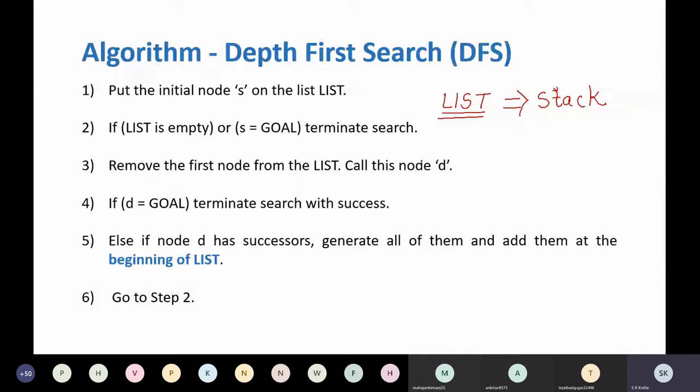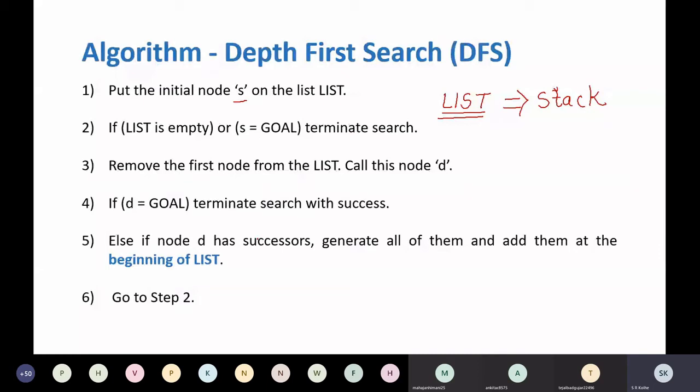So let us summarize algorithm again. You are starting with starting node S. Then you are going to check is it a goal? If no, remove the first node from the list. Initially only S will be there. Otherwise other nodes may be there. So first node you will have to remove. Check is it a goal?